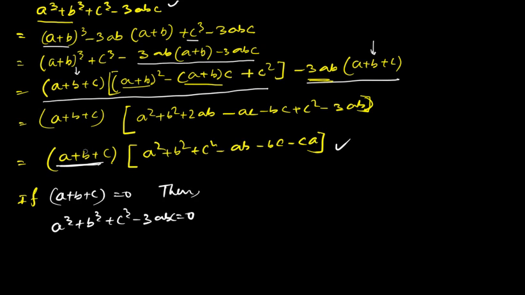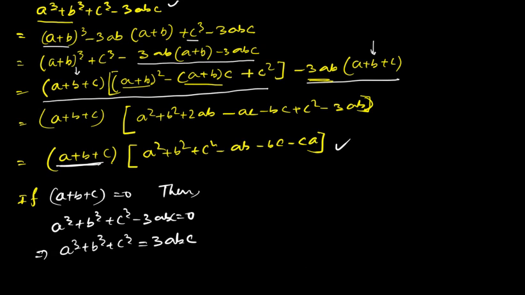Because a cube plus b cube plus c cube minus 3abc equals a plus b plus c times this stuff. So if a plus b plus c itself is 0, obviously the entire thing will become 0. So if a plus b plus c equals 0, we get a cube plus b cube plus c cube minus 3abc equals 0, or we can simply write a cube plus b cube plus c cube equals 3abc.